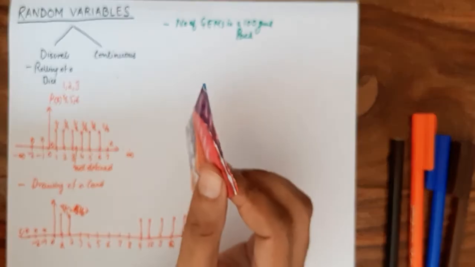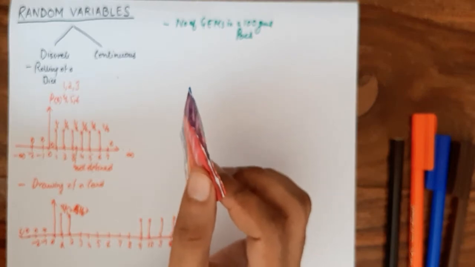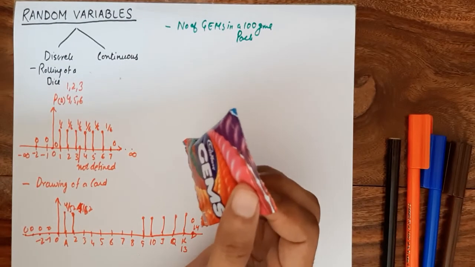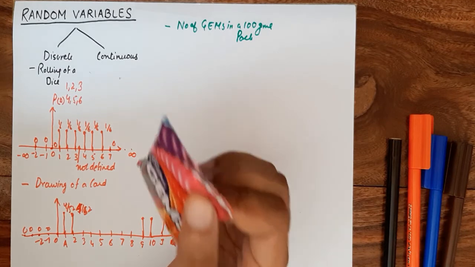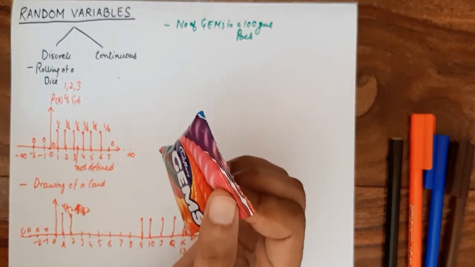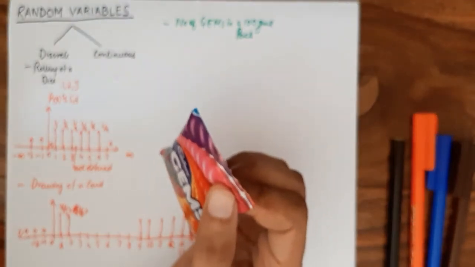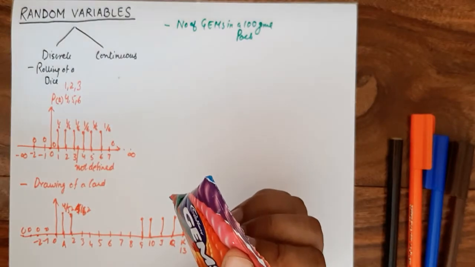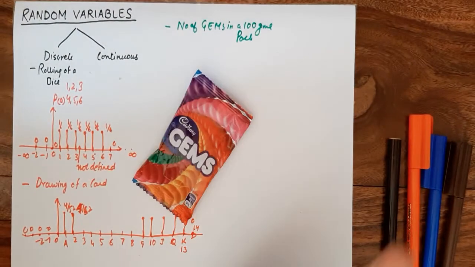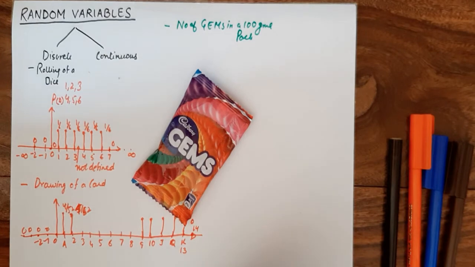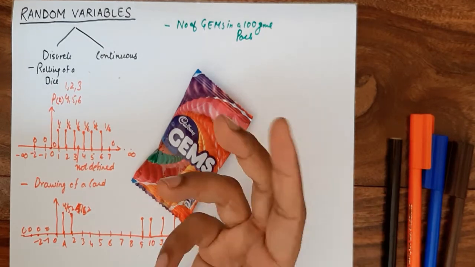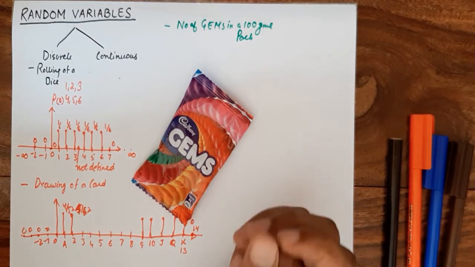But they are surely going to be discrete in nature. We cannot have 10.5 gems or 9.2 gems. So we'll have either 10 gems or 8 gems or 7 gems, depending upon some lot of manufacturing could produce higher density gems or bigger size or smaller size.